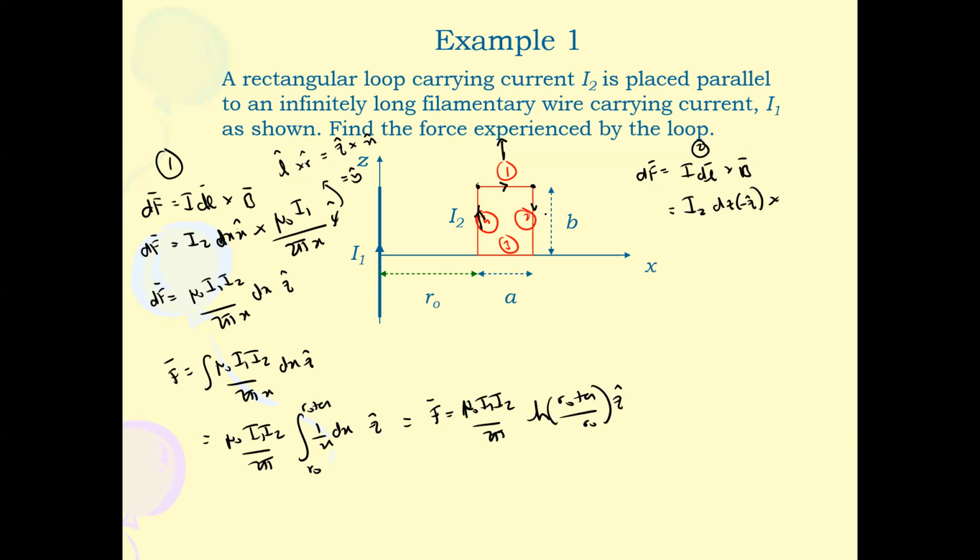And based on this, we can see that all the points located on site number 2, from the starting point here up to the end point here, will have a similar perpendicular distance, which is R0 plus A. So we can simply write B to be mu naught I1 over 2 pi in the bracket R0 plus A, which is a constant distance.